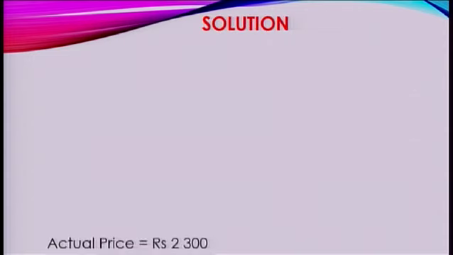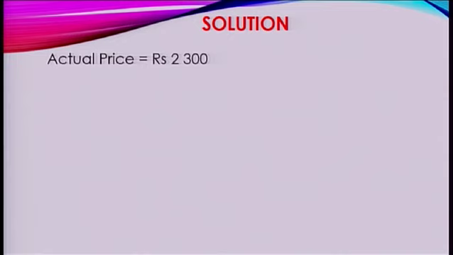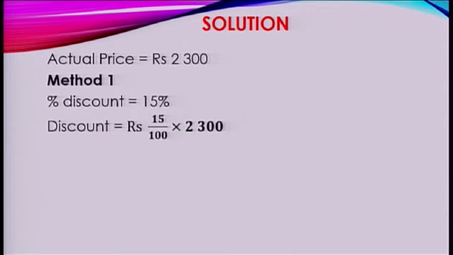Okay, let's start. So, actual price, you know that it is 2,300. We'll have two methods to do it. Method 1. We know that the percentage discount is 15%. Now, to find the discount, what do we do? So, it's 15 over 100 times 2,300, which is 345.